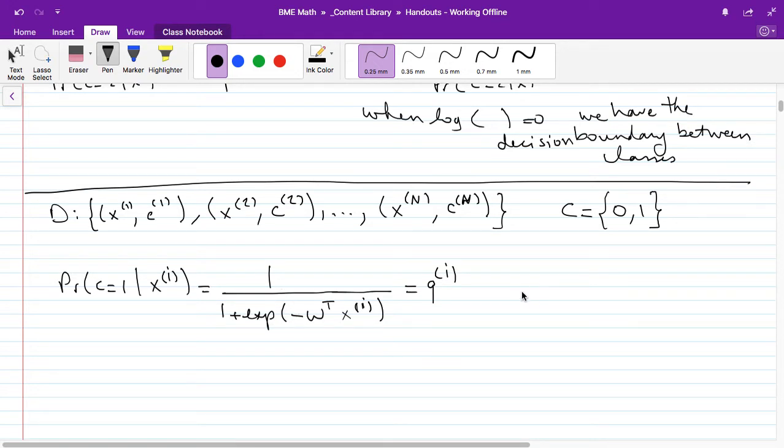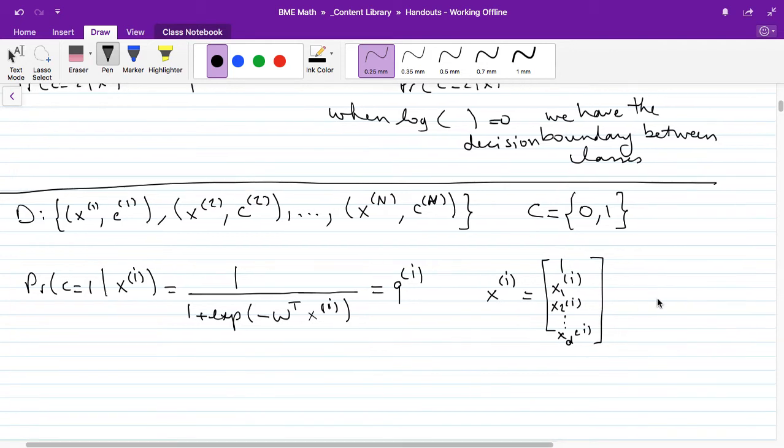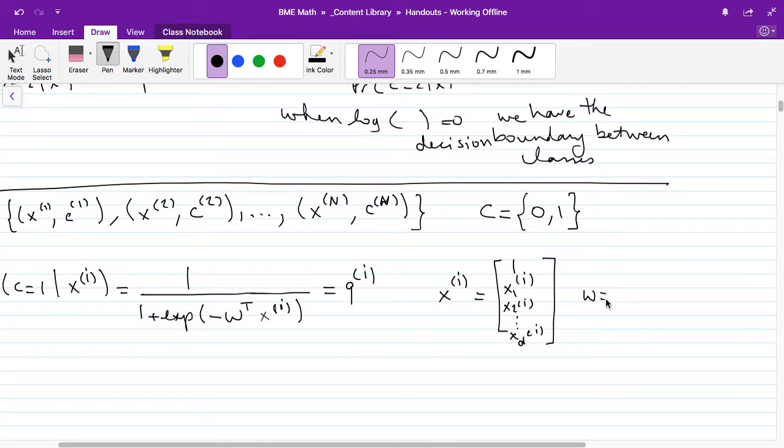The data we've been given has some x's in it, which looks like 1, x1 of i, x2 of i, up to x d of i, and then w is w0, w1, up to wd.